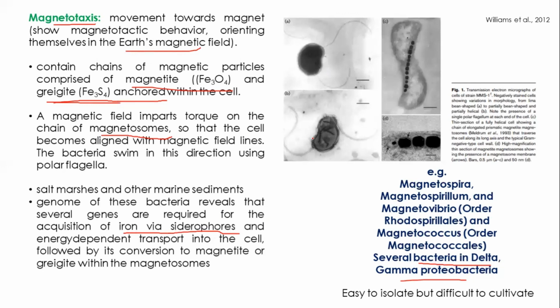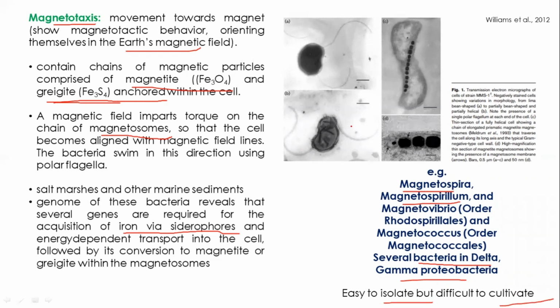You can also cultivate them. If you take bacteria from sediments or salt marshes and use a magnet near the petri plate or test tube, there are chances that you will be able to isolate these magnetotactic bacteria, mostly belonging to Magnetospira and Magnetospirillum. But even if you are able to isolate them, it is very difficult to cultivate them.